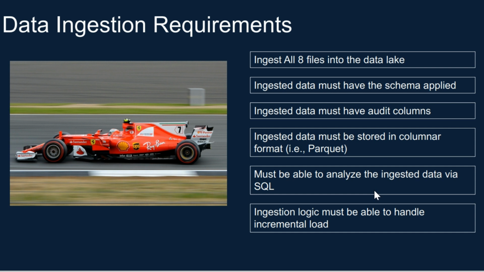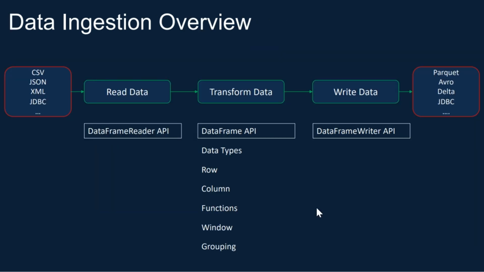Let's talk about what Spark provides in dealing with data ingestion scenarios. In any kind of ETL data processing, we have some input data, and the input data can be in files with various data formats such as CSV, JSON, XML, JDBC, and even in real-time streams as well.